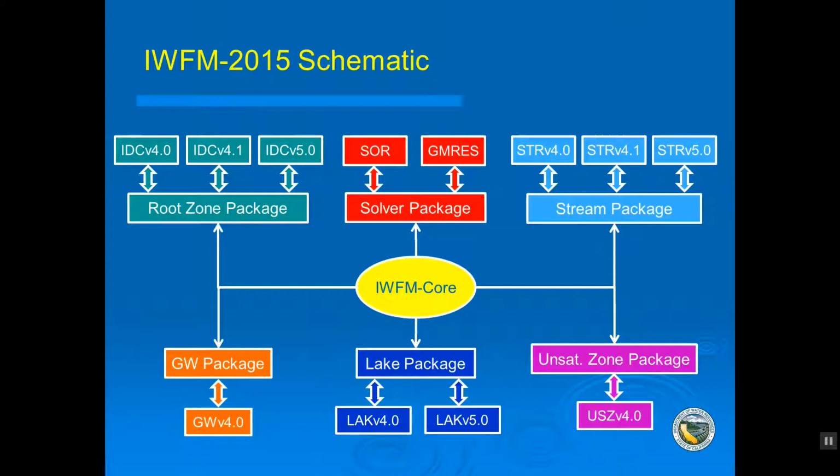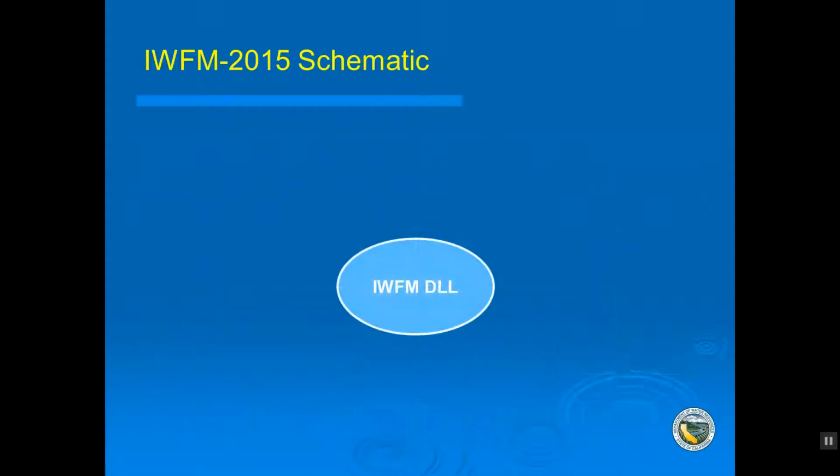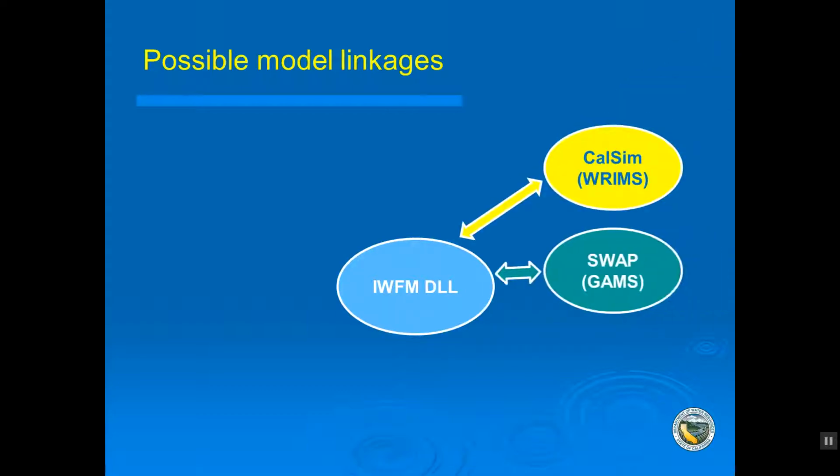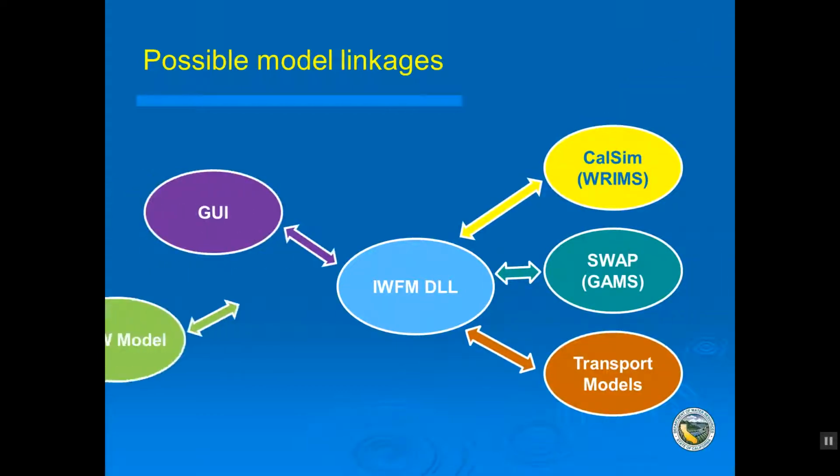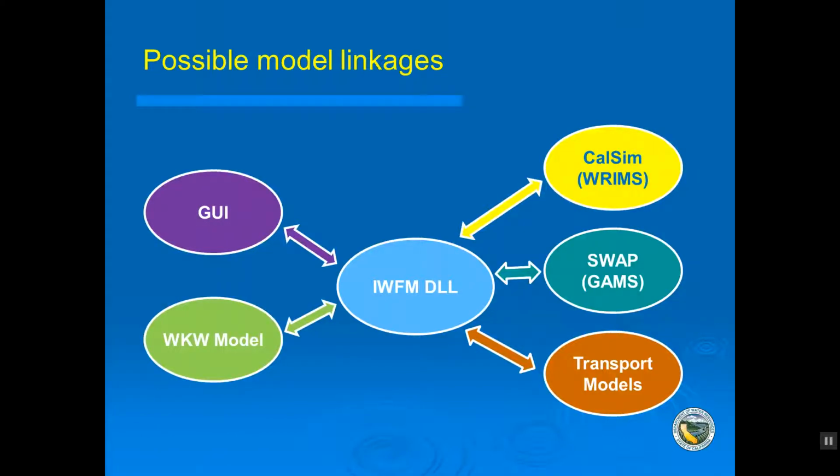On top of that, you can turn this whole thing into what we call the IWFM Dynamic Link Library. A lot of stuff is now starting to be built around this dynamic link library. Basically, this is a library of hydrologic functions that we organize in different ways to come up with what you're going to see today and the next 4 days as the overall IWFM. But we can also take pieces of it and link it to CalLite, which is some kind of optimization model.